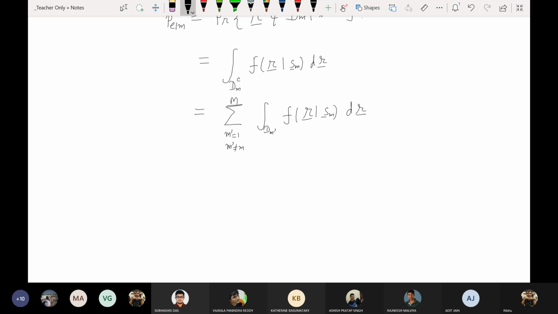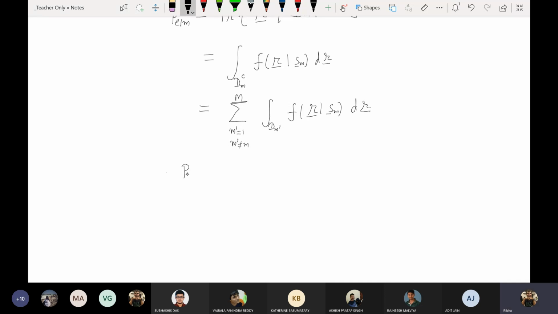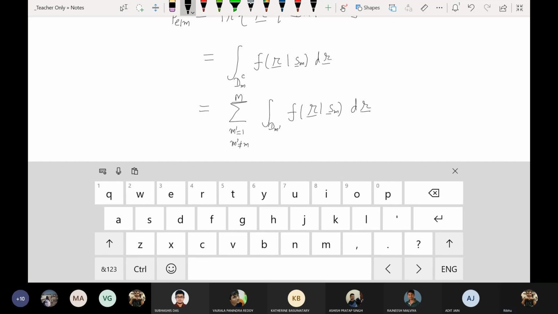Given s_m, you have transmitted s_m, given that it lands into D_m'.